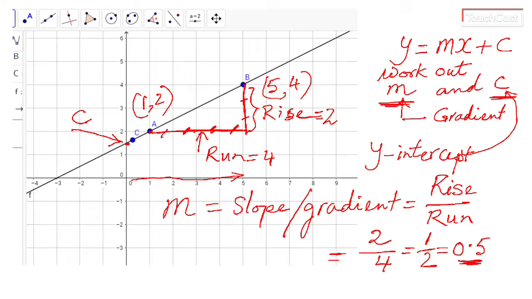Now you have both the components of the line. You have M, you have C. You should be able to write the equation y equals half times x plus, now you've got to be cautious with this.